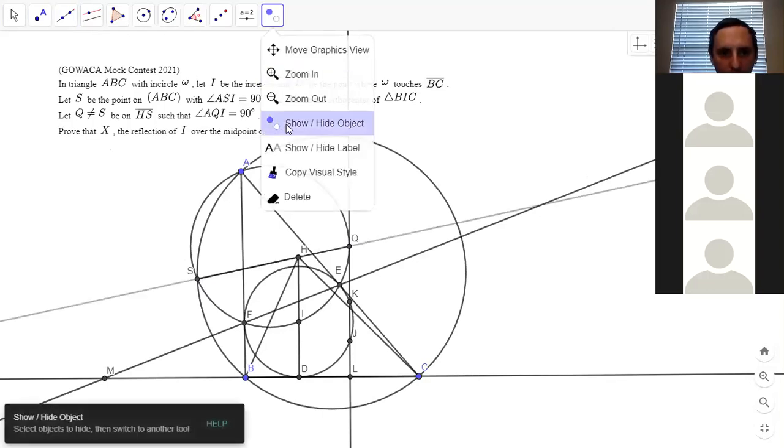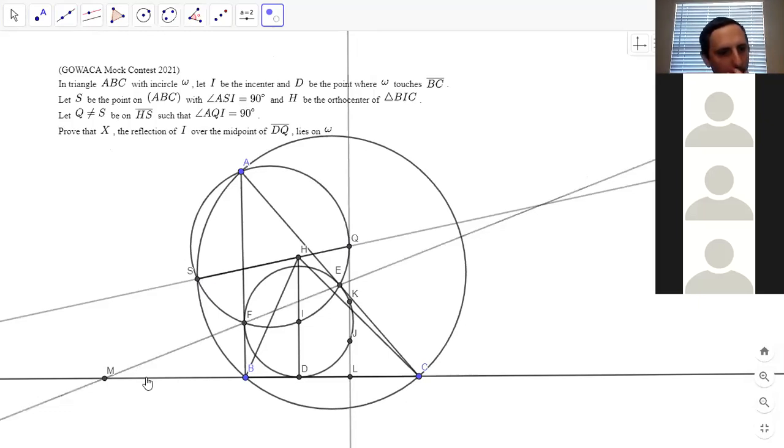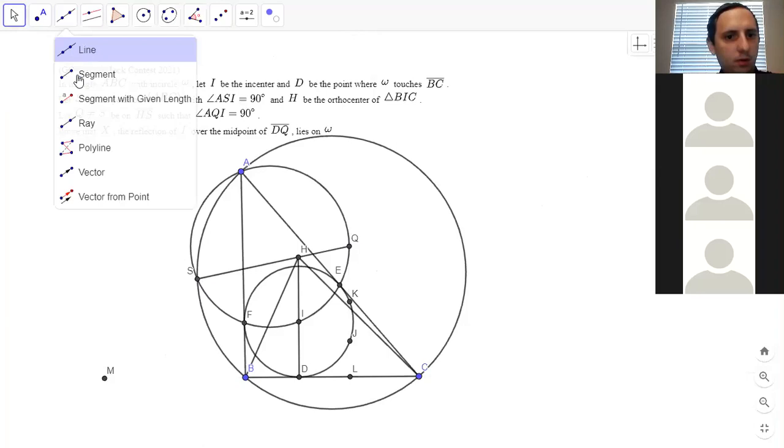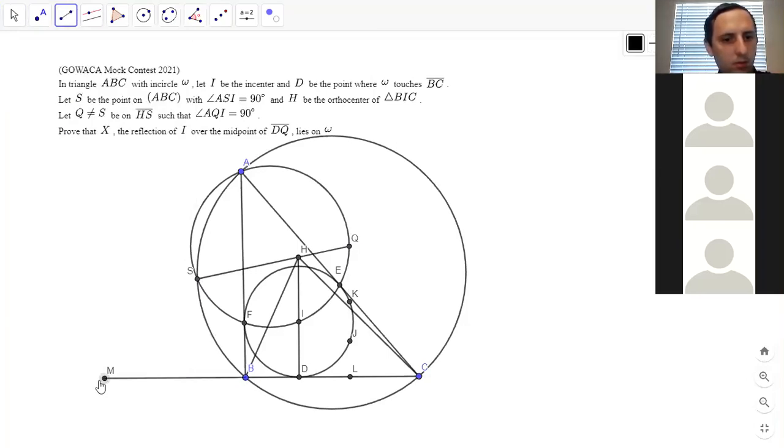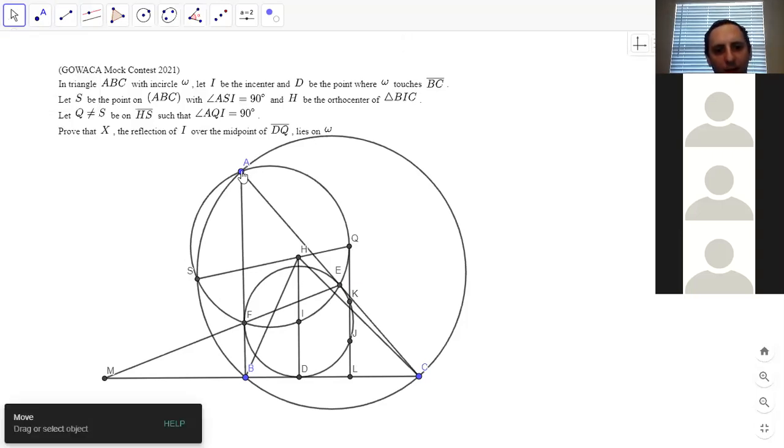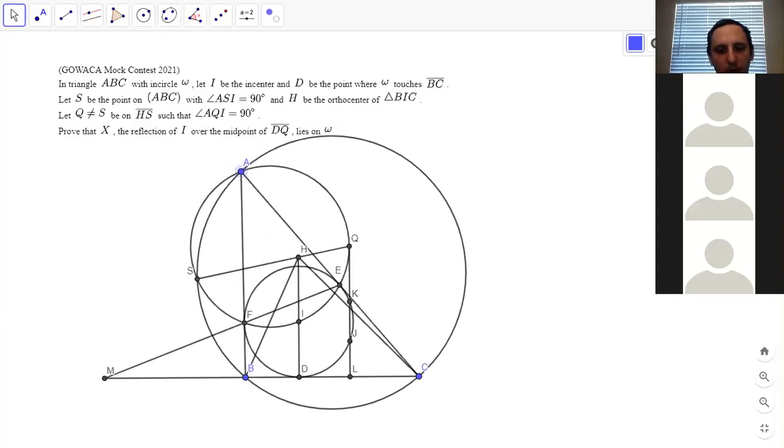Let me shorten some of the lines. I don't think this is true, but I wonder if BD is equal to LC. No. So SD and AI meet on the circle.